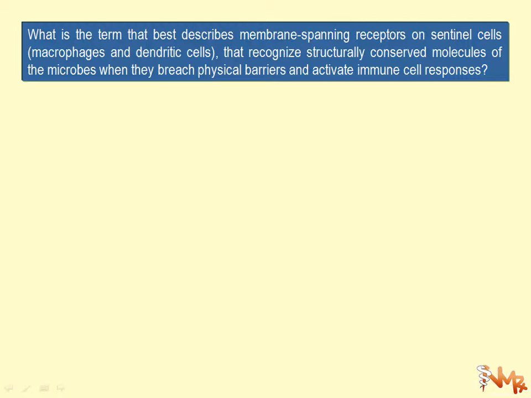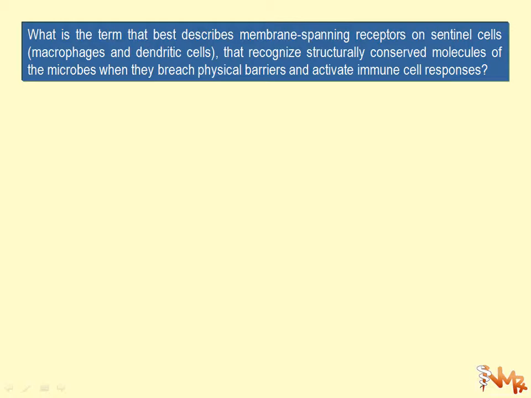In order to understand the concept of toll-like receptors, I have this question for you. What is the term that best describes membrane-spanning receptors on sentinel cells? Sentinel cells are first responders, such as macrophages and dendritic cells, that recognize structurally conservative molecules of the microbes when they breach physical barriers and activate immune cell responses.